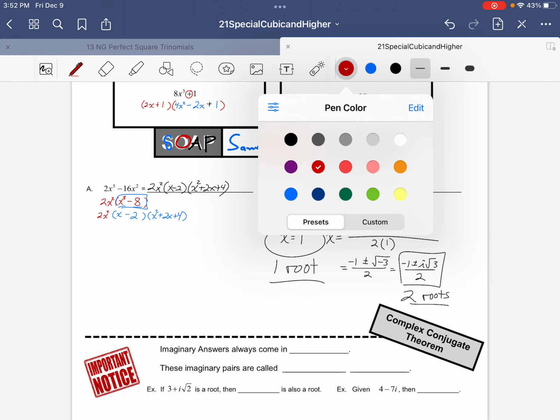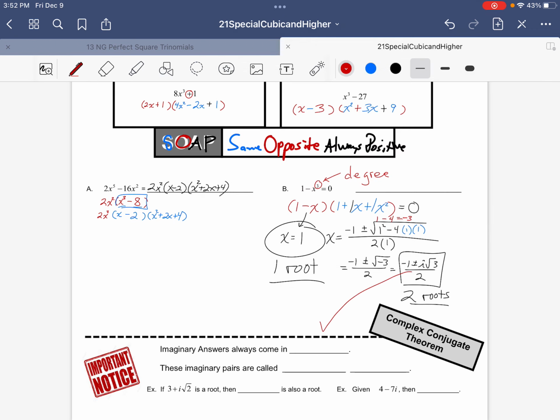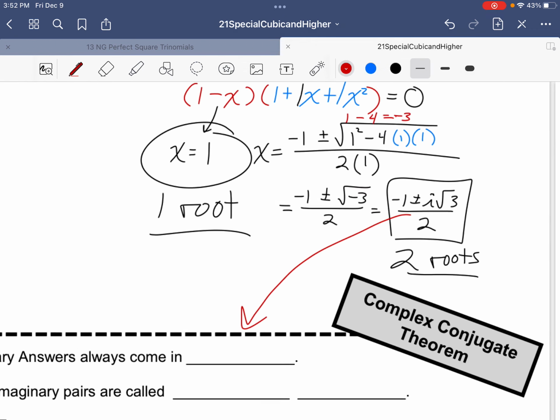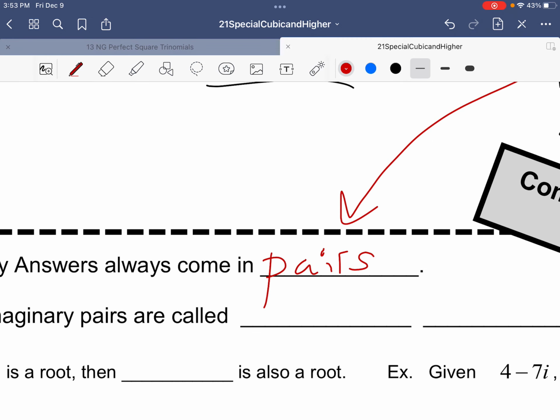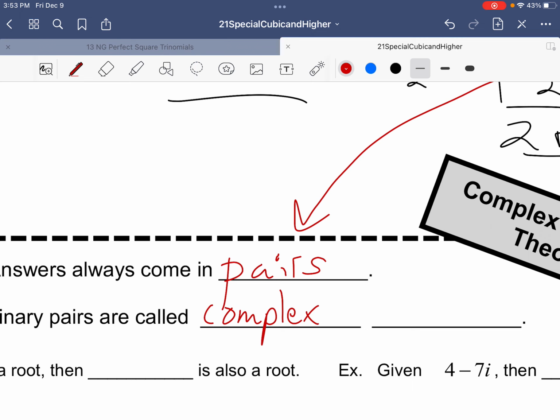Let's talk about these imaginary answers, just a little bit more information. When you get imaginary answers, they're always going to come in pairs, so we're always going to get 2 imaginary numbers. That's because these pairs are complex conjugates.